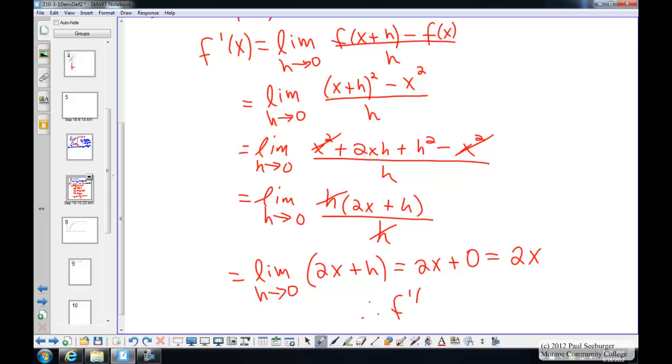Therefore, f prime of x, our derivative function here, is 2x. Now, is this what some of you might have known before was true for x squared? Yeah, okay, and don't give the rule away yet. We're going to talk about that. I'm going to generalize this with a few more examples to see that. But we do expect that to be there if you already knew your formula.